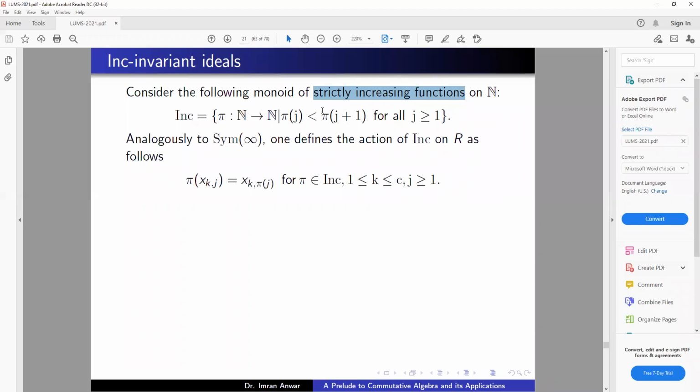That means the image of j plus 1 should not fall before the image of j. So this is an operator that handles the term ordering, or monomial ordering, issue we were facing in the previous slide.